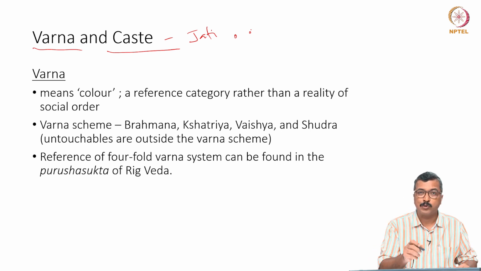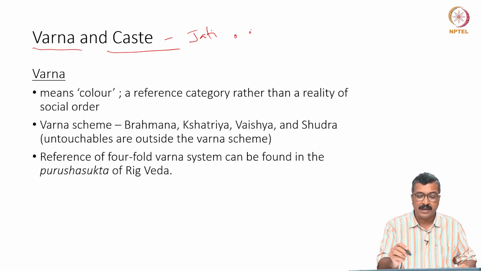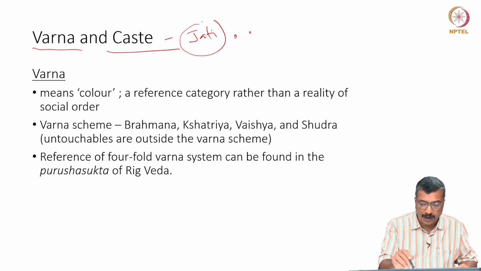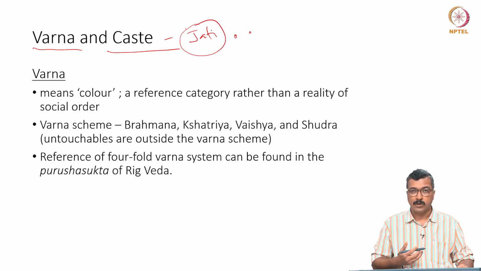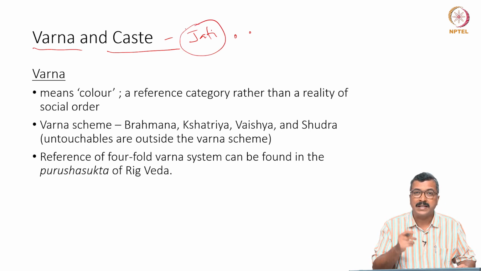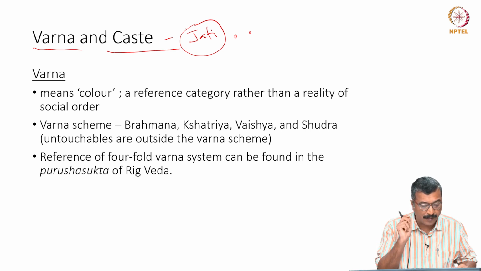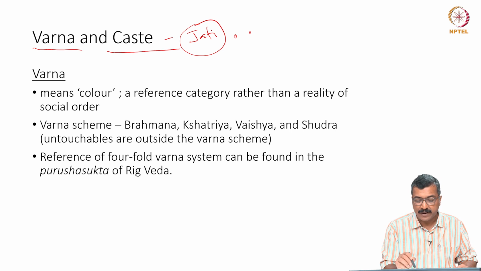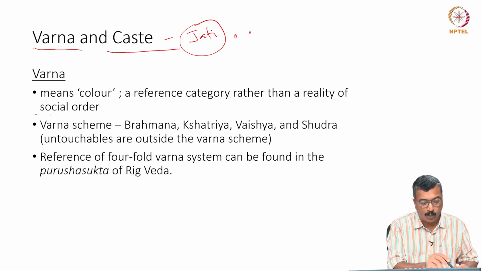And caste is a Portuguese term, not an Indian term. So Jati is now used in anthropological and sociological circles to look at the specific geographically bounded phenomenon. Varna means color, and is a reference category rather than a reality of social order.